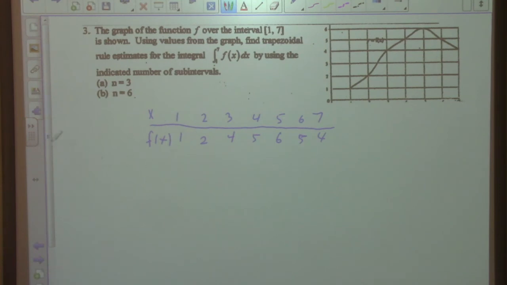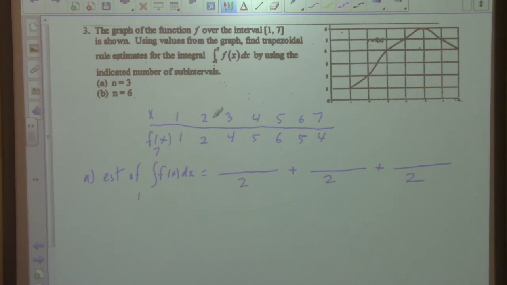And then for n equals 3, so part A, estimate of the integral from 1 to 7 of f of x dx equals blank plus blank plus blank.